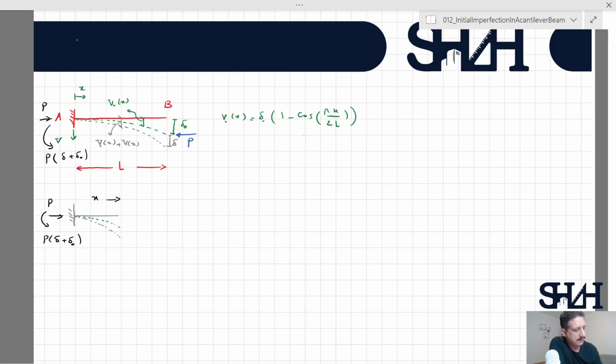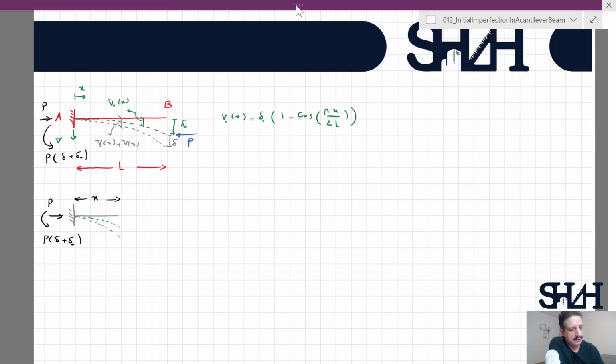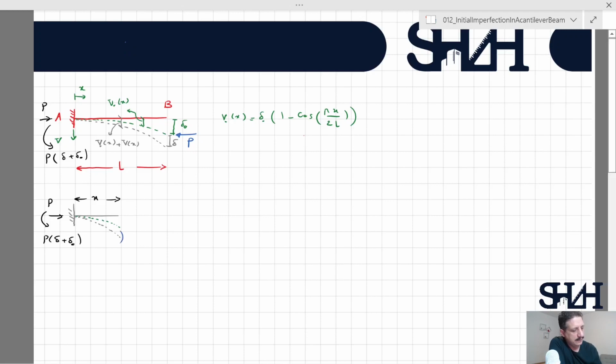The distance from the origin is x, and here we will have the internal bending moment M at the distance of x, which will be minus P times V at x plus V0 at x, this is V0 at x and the rest is V, plus P delta plus delta 0.